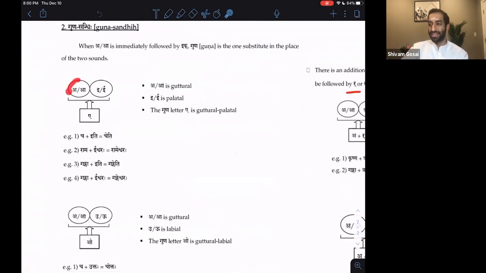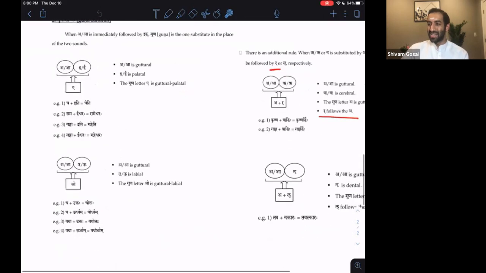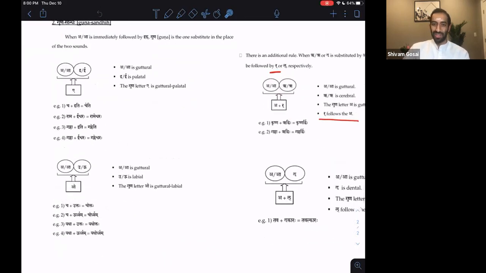So, for example, this avarna is next to E or E, then I'm going to get the guna letter. Guna is the word for three letters. A, O, and, you can type it in the chat.